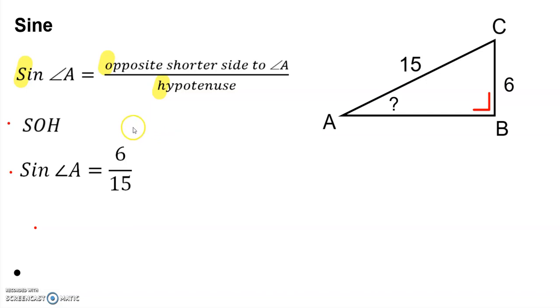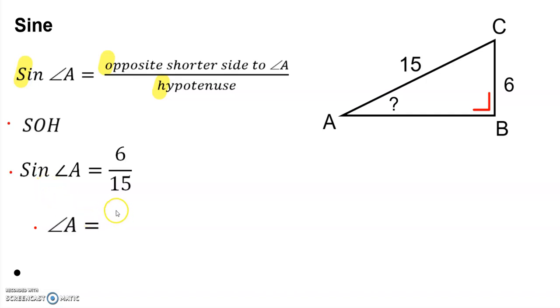I've filled in the whole formula. Don't leave anything away. So now, in the last step, I want to calculate angle A. This means I want to remove sine. And we can do this in the same way as we did with the tangent. I have to use sine to the power of -1. So you have to use your shift button, and then sine.